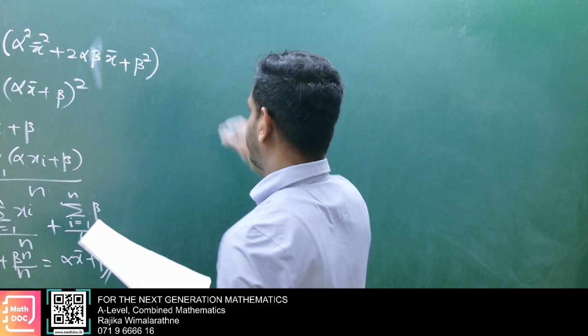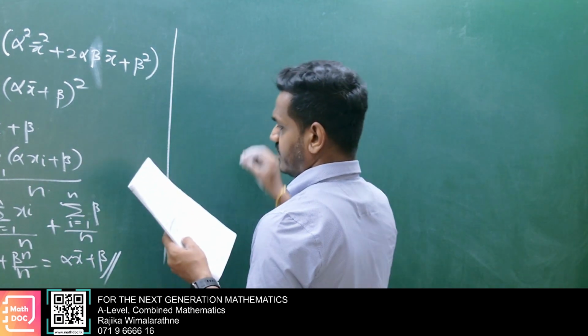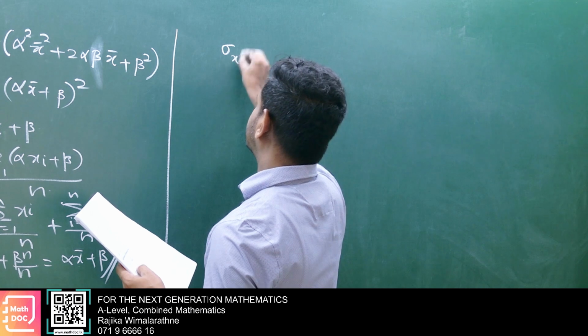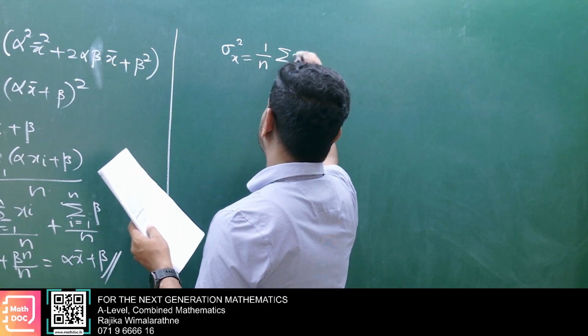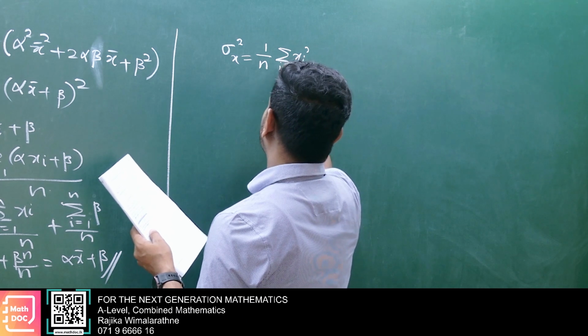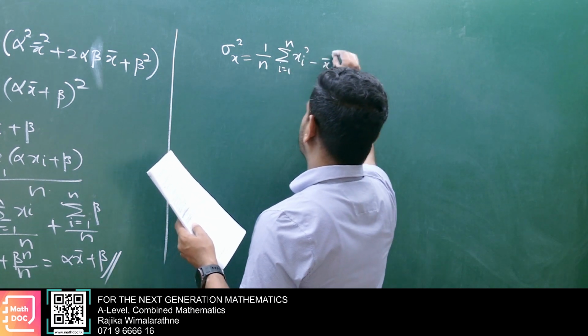Here sigma x squared is 1 over n times the sum of xi squared, i = 1 to n, minus x bar squared.